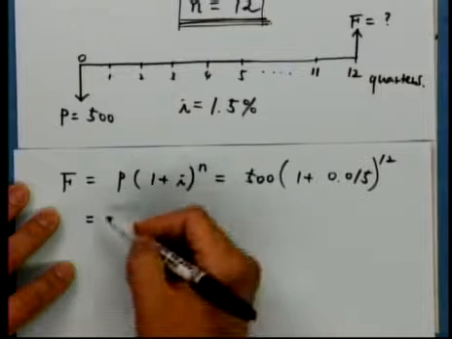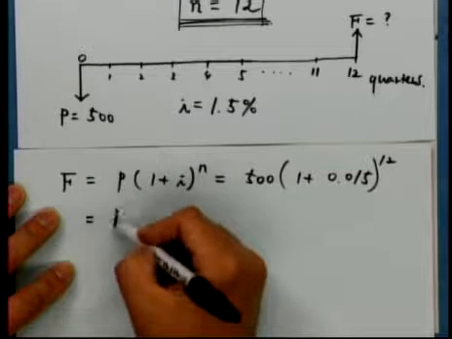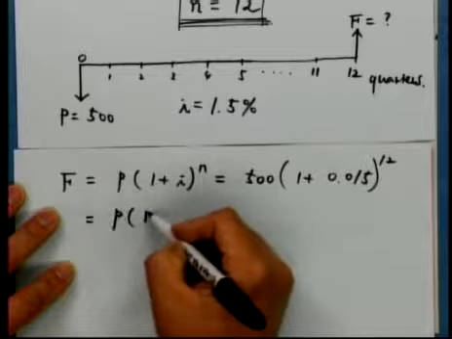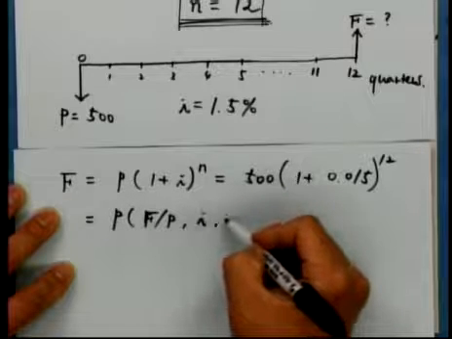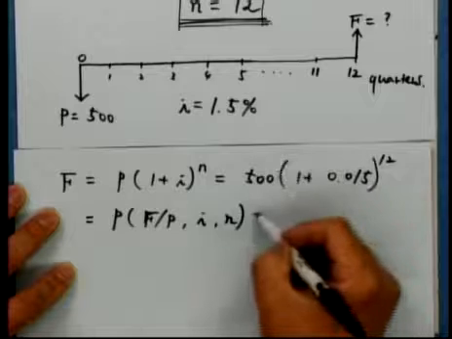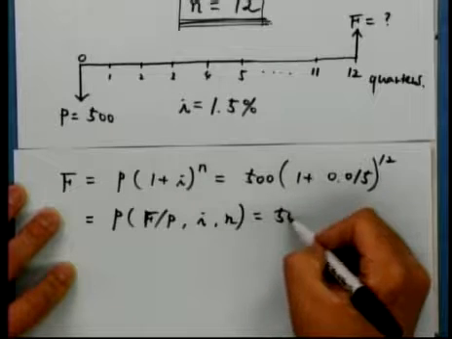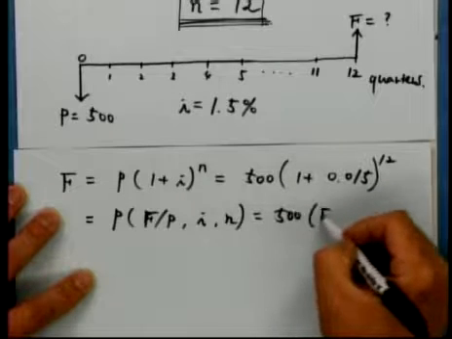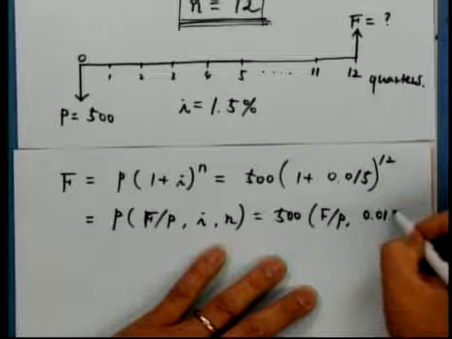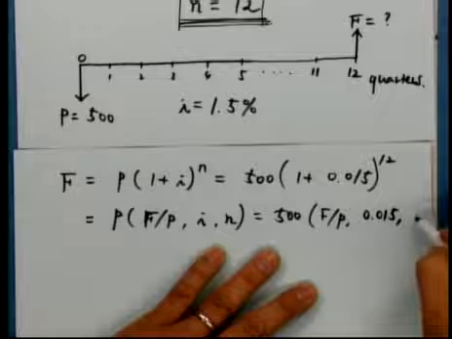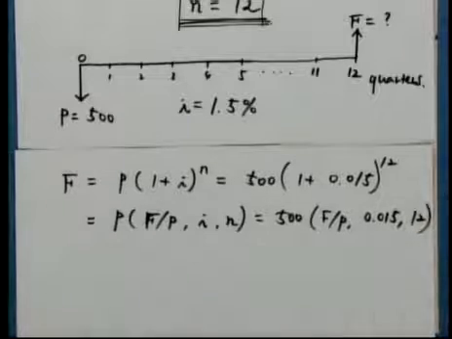Using another expression, sorry, F given P at i% over n periods, which is 500 times F given P, 0.015 over 12 quarters, right?